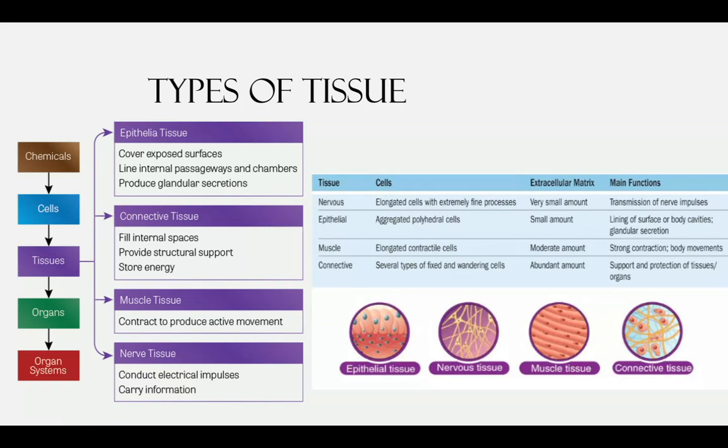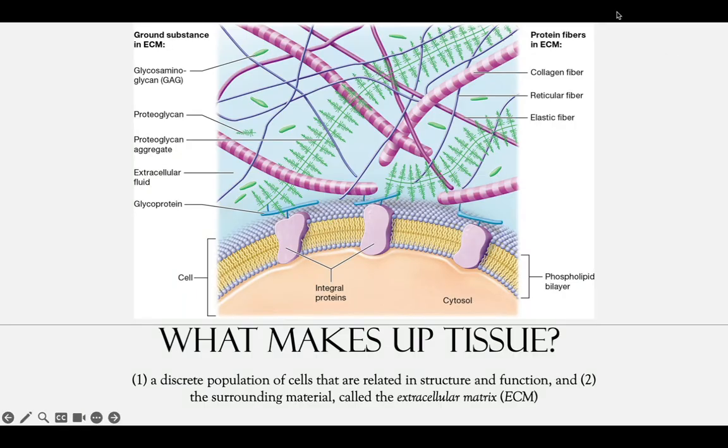Okay, so if there's no extracellular matrix, we're just looking at cells. With connective tissue, there's an abundant amount. Okay, there's so much extracellular matrix. So with connective tissue, you're not so much looking at a lot of cells, you're more so looking at the protein fibers, okay, of the extracellular matrix.